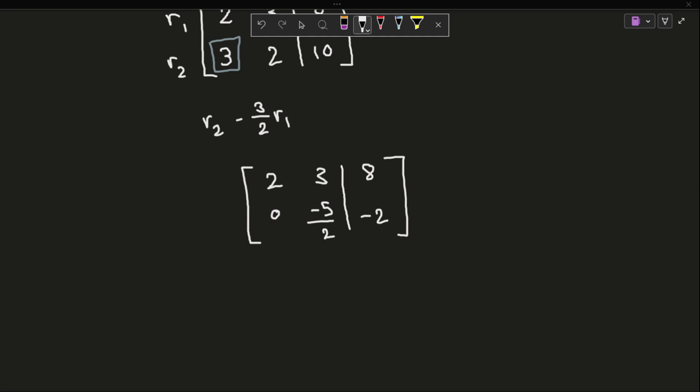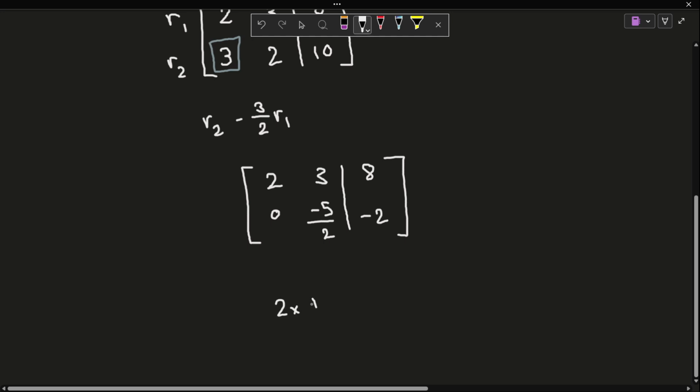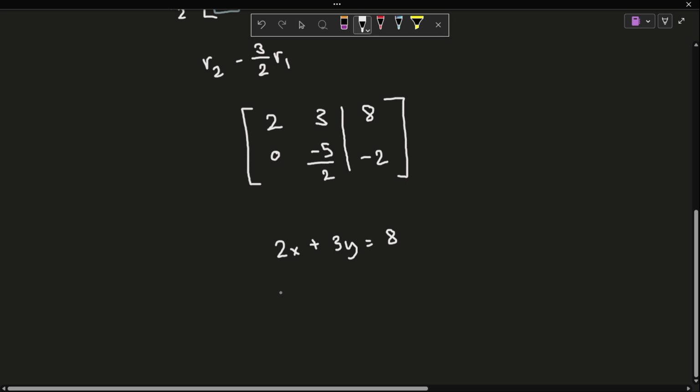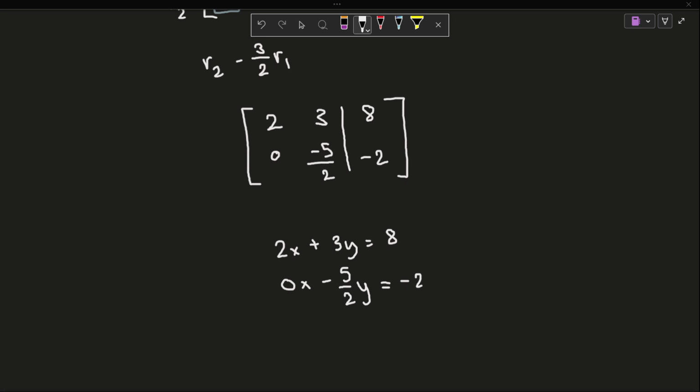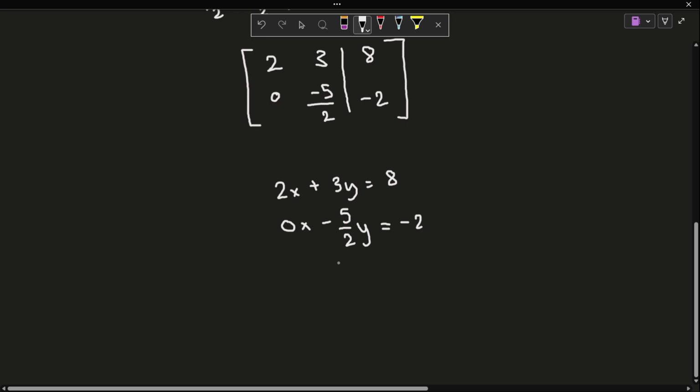We're going to turn this back into an actual system. So 2x plus 3y equals 8. That stayed the same because we didn't do any operations to it. We didn't need to. And then we would get 0x minus 5/2y equals -2. Okay, and now as you can see, we just simply solve for y here.